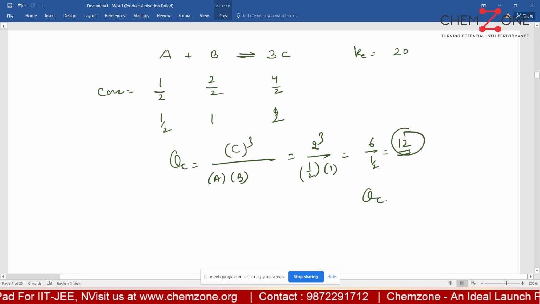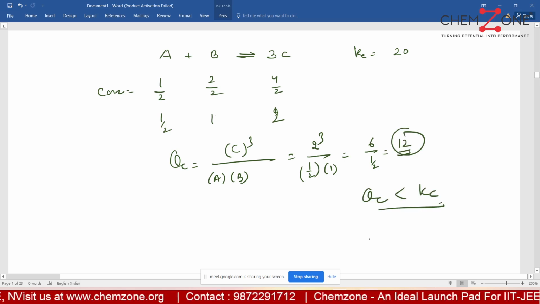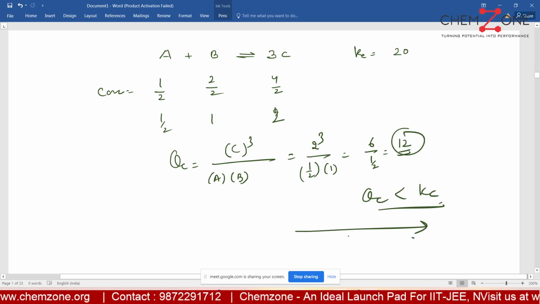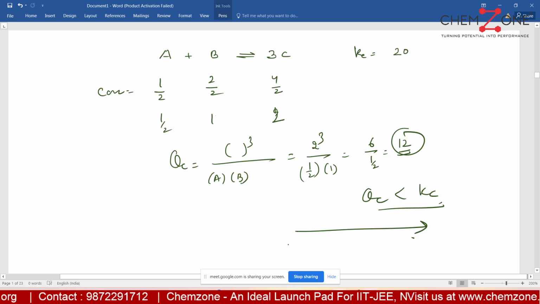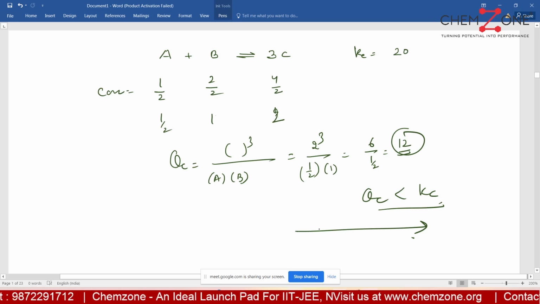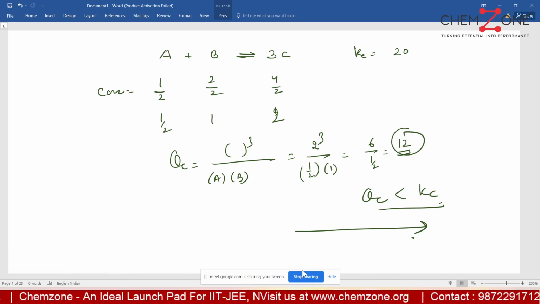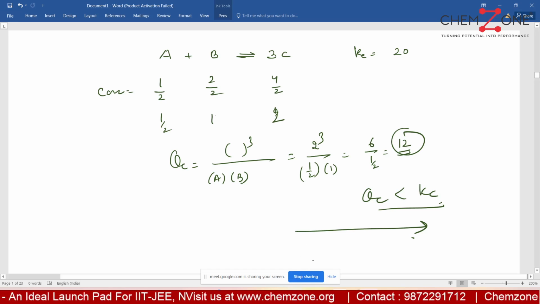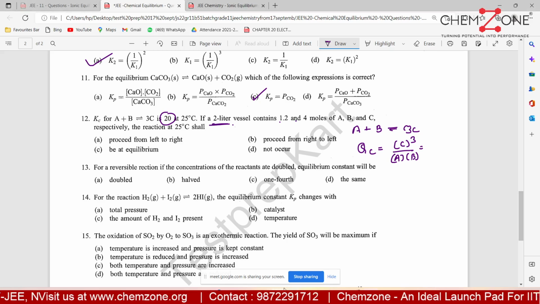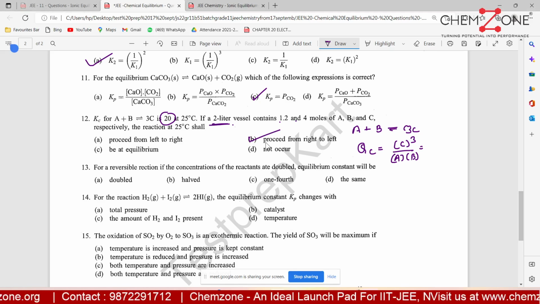This QC value is less than the Kc value, so equilibrium will move in the forward direction to achieve the state of equilibrium. It means if QC is less than the Kc value, the equilibrium has not been achieved, so it will move in the forward direction, towards the right hand side. Am I clear?